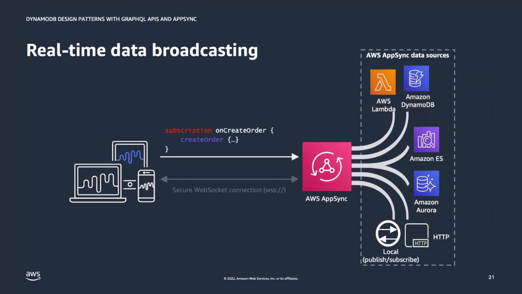The way we implement real-time broadcasting is with secured WebSockets. So AppSync takes care of all of the heavy lifting of implementing your WebSocket. Your clients simply have to subscribe with the subscription using one of our clients, like the Amplify client, and we automatically set up the WebSocket for you.